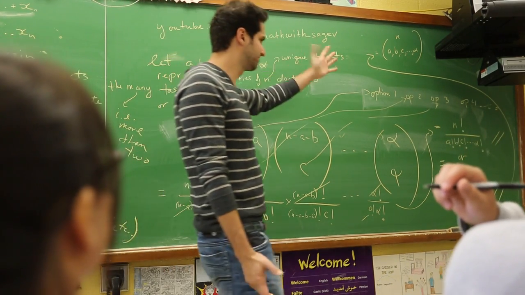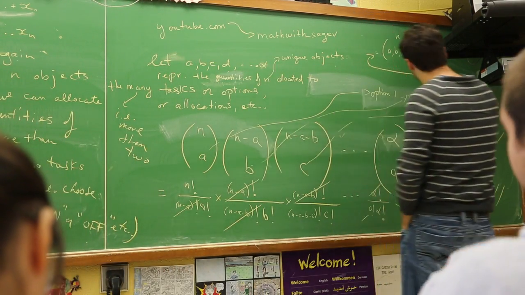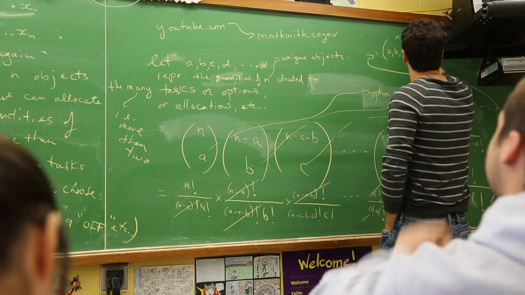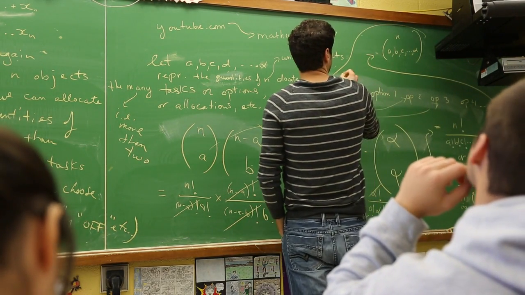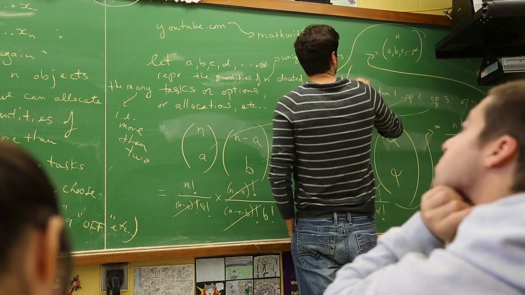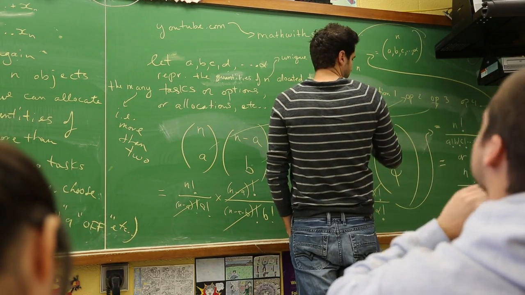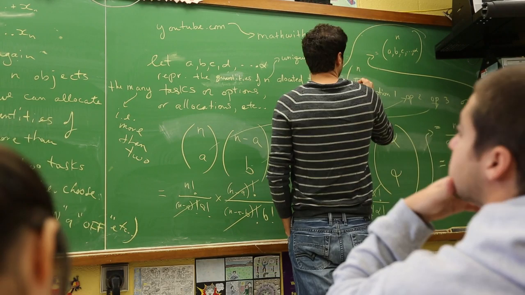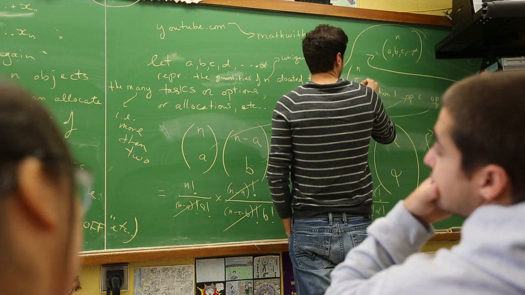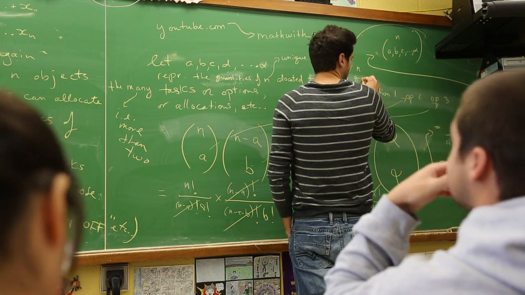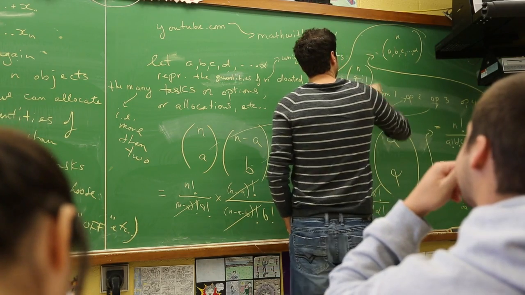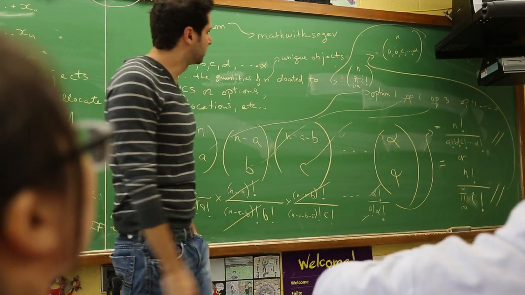But it's another shorthand for this. And I guess you could further rewrite that shorthand as n choose, product from i equals a to alpha of i factorial. We need a factorial.